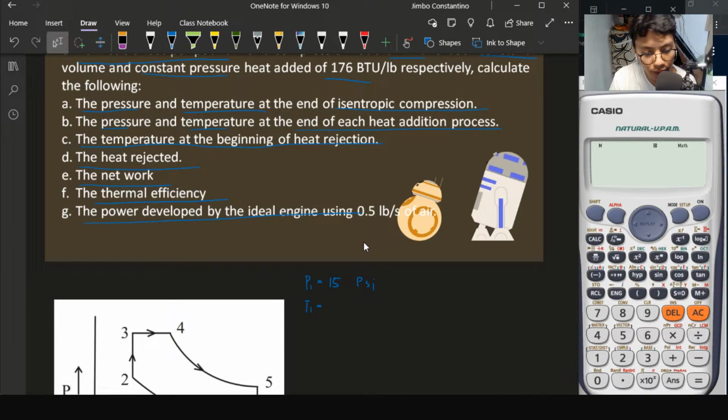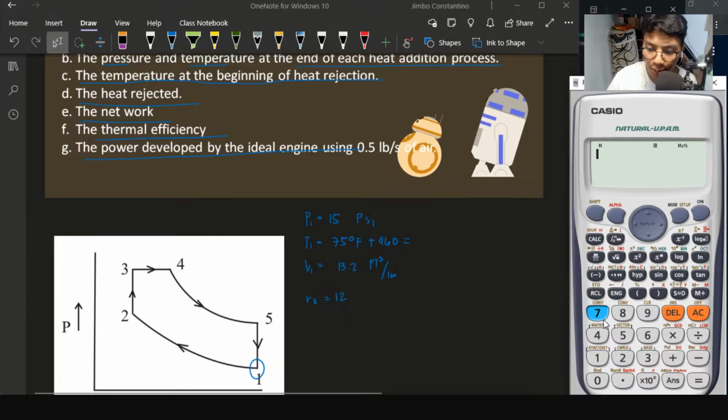T1 is equal to 75 degrees Fahrenheit. Plus ko na ng 460 para maging Rankine. Tapos V1 is 13.2 cubic foot per pound. RK is 12. Ayan, yun ang mga given niya.